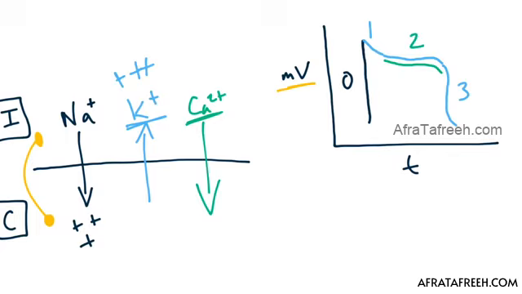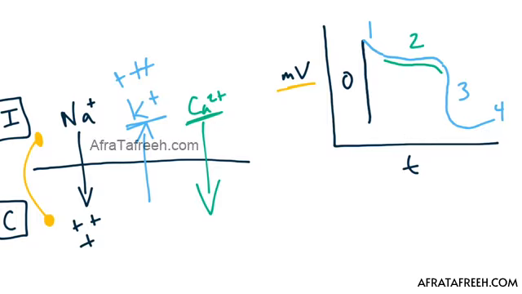Eventually, the voltage returns to normal, or returns to the resting membrane potential, which is called phase 4 of an action potential. Remember, the potassium channels are normally more permeable than other channels at rest, and this is responsible for the negative resting membrane potential.